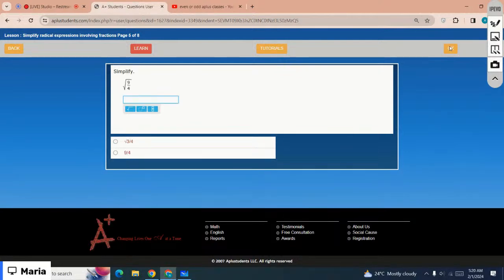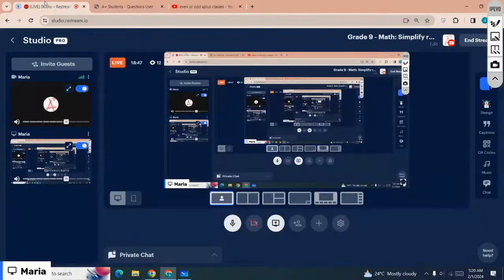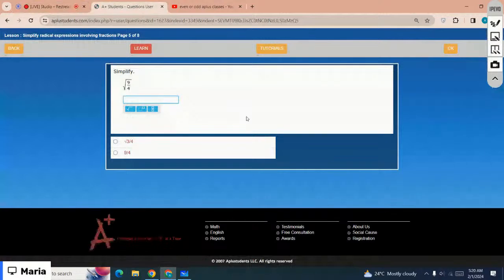Okay, the next one is square root 9 over 4. So which is the correct option? Square root 9 over 4, but you are not given the correct option here, right?